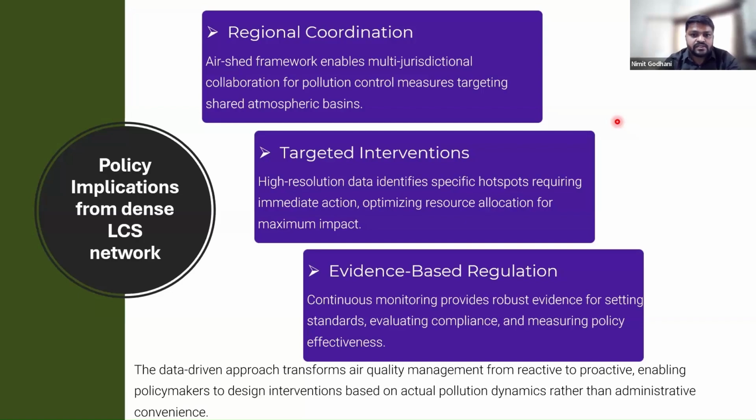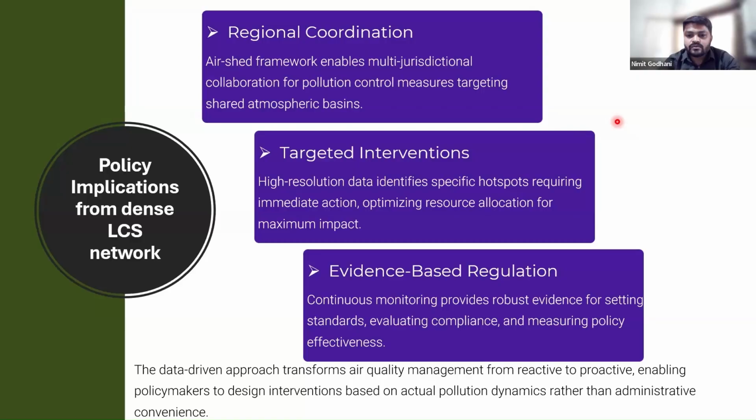Targeted interventions: we have high resolution data, we have identified the hotspots, which will help to take immediate actions, optimizing the resource allocation for the maximum impact. And third is evidence-based regulations.